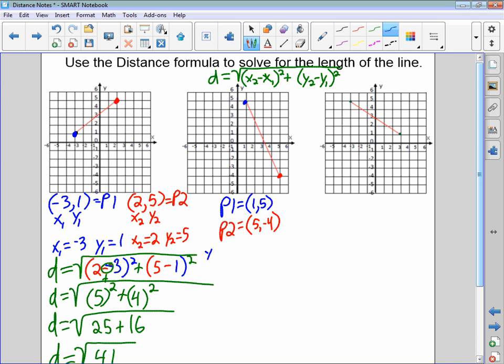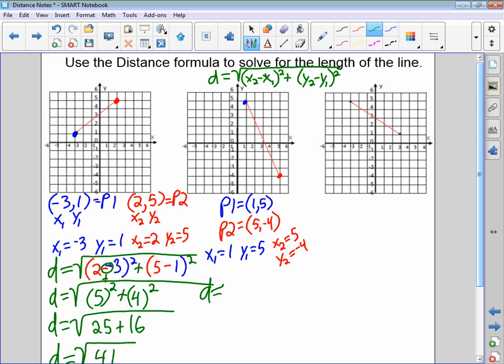Means that x1 equals 1, y1 equals 5, x2 equals 5, and y2 equals negative 4. We will plug these into our formula.